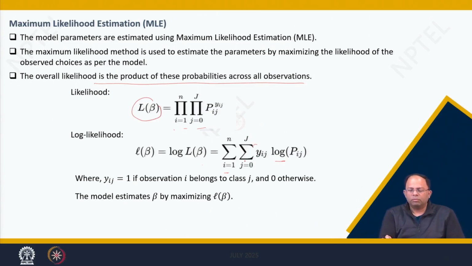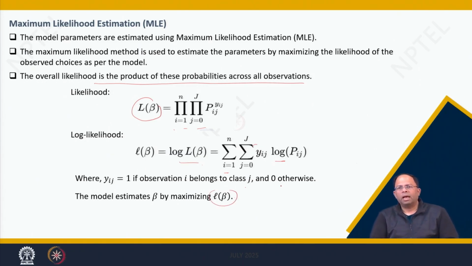Yij is equal to 1 if observation i belongs to class J, and 0 otherwise. The model estimates beta by maximizing this log likelihood function.